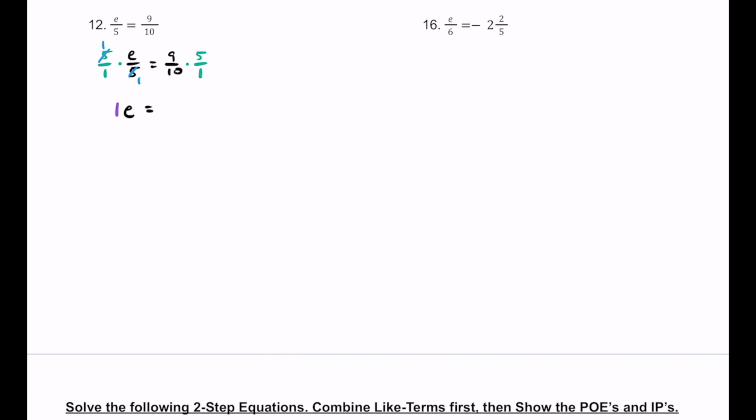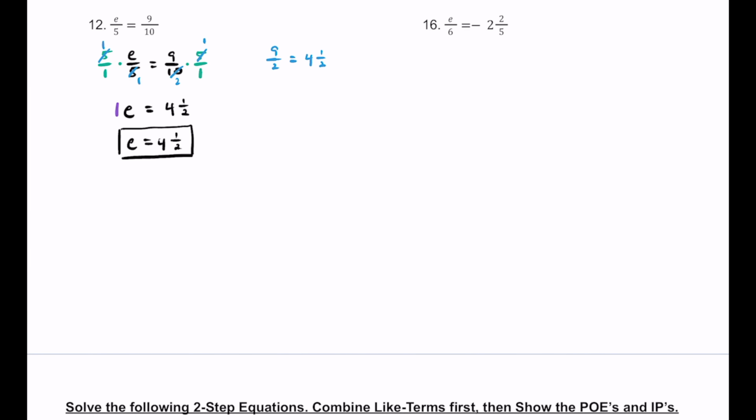And on the right side, this 5 and this 10 can cross cancel nicely to 1 and 2. And so what we're going to have here is this 9 over 2 multiplied by 1 over 1. That's going to be 9 over 2. I'm just going to write it on the side for a moment. And 2 goes into 9 4 times with 1 left over, so it's 4.5. So 1e is equal to 4.5. And using the identity property of multiplication, we could drop the 1 and say e is equal to 4.5.